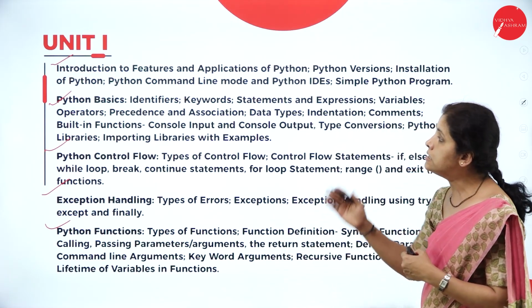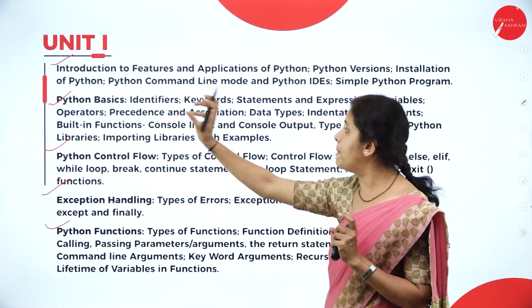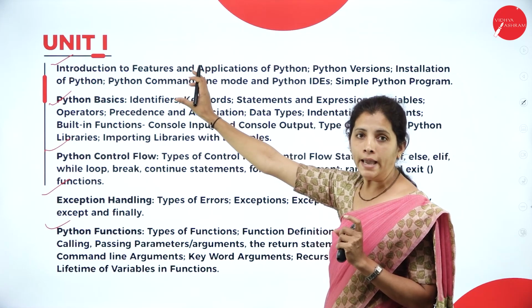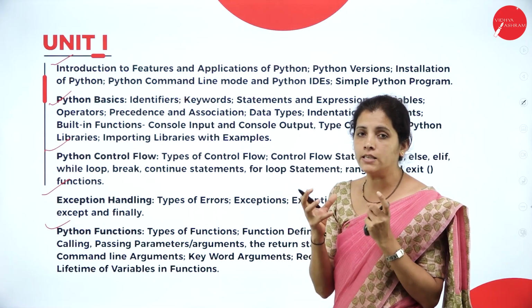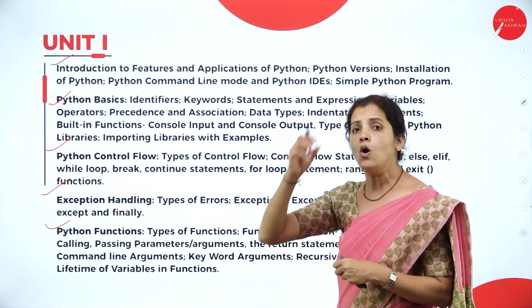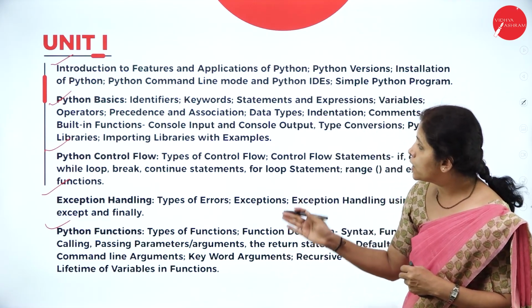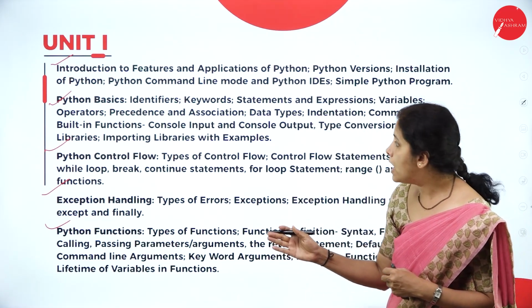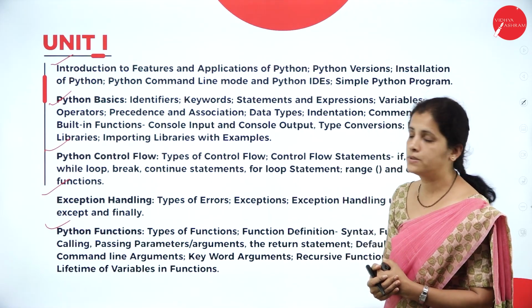And if I consider the second chapter, I'm going to discuss only Python basics. That is nothing but the basic concepts of Python. In the sense what? If I want to write any Python program, what are the things I require? Here I require identifiers, keywords, statements, data types.